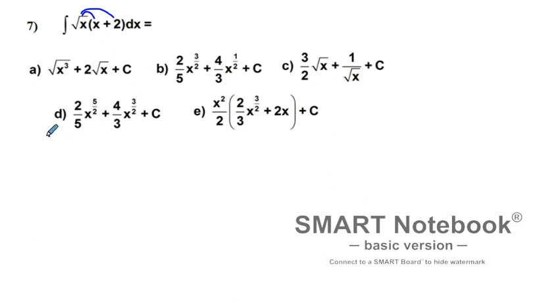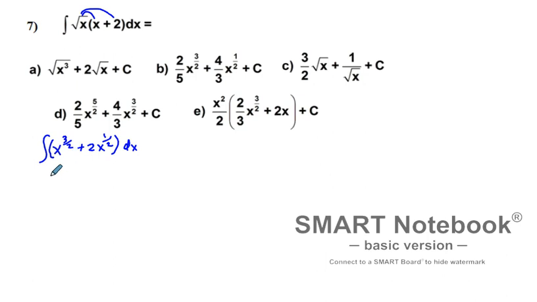So we have that equal to the integral of, write down here, the square root of x is x to the 1/2, and x to the 1/2 times x is going to be x to the 3/2, and then we have plus 2x to the 1/2 power. And then we multiply all this by dx.